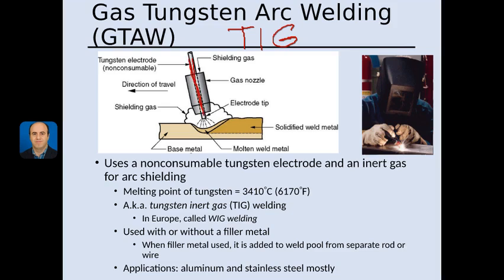This electrode is non-consumable, so it doesn't melt, and it is used to produce heat between the workpiece and electrode, because a lot of electric current is going to pass through the electrode and then go through the base metal.